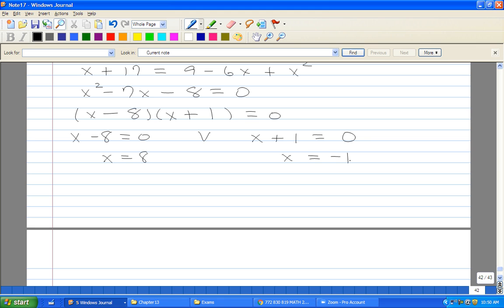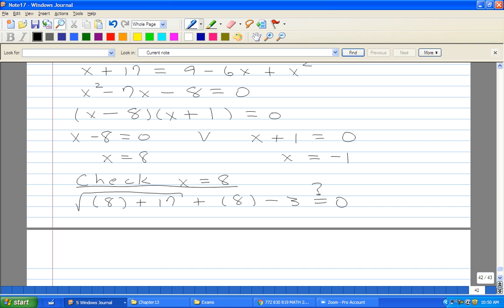Now I'm going to have to check if these are solutions. And so I'm going to have to check, let's see, if x is equal to 8 solves my original equation. And so let's replace x by 8. So it's 8 plus 17, radical, plus 8 minus 3.